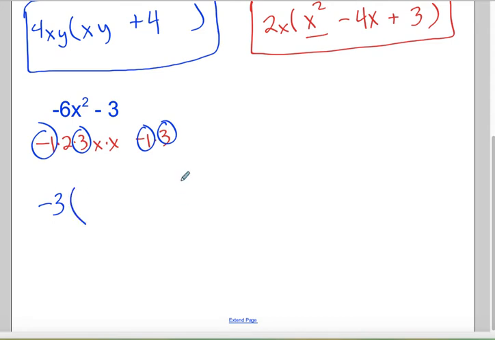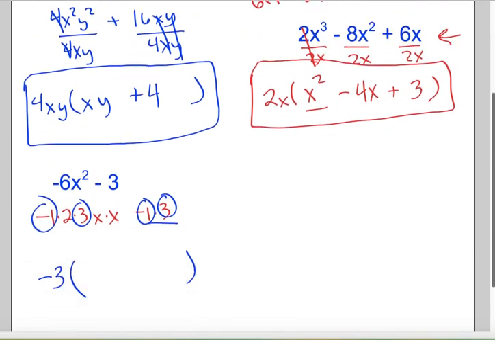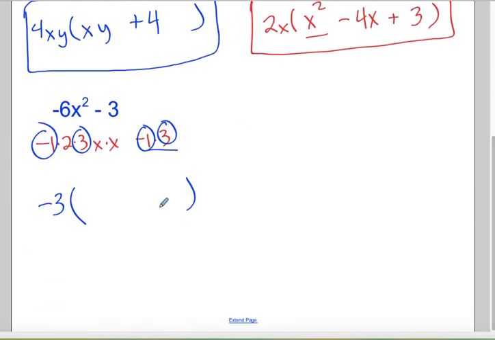Now, for the second part here, notice that everything was circled, and there's really nothing left. You don't want to put a 0 for that. Back here, we were just simplifying what was left. If everything is being circled, you're left with a 1 there. So I'm going to show the division so that we can understand what's happening. So we have negative 6x squared, and we're dividing by a negative 3 because our GCF is a negative 3.